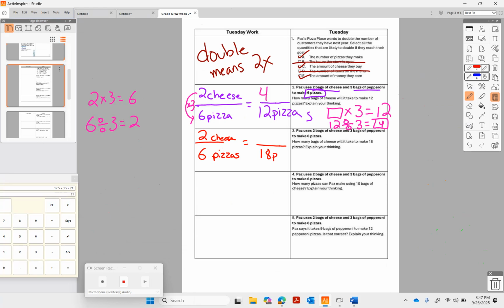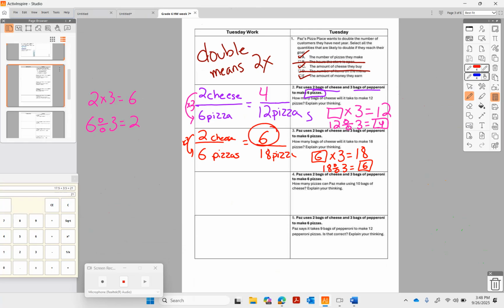I know from up here it's times 3. So what number times 3 will equal 18? Or 18 divided by 3 is what number? 18 divided by 3 is 6. 6 times 3 is 18. So it will take 6 bags of cheese.